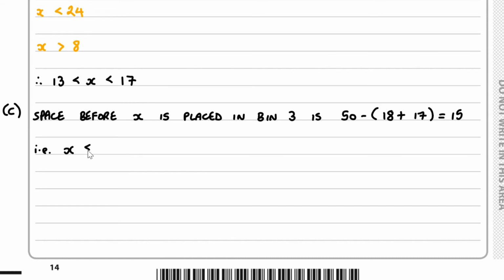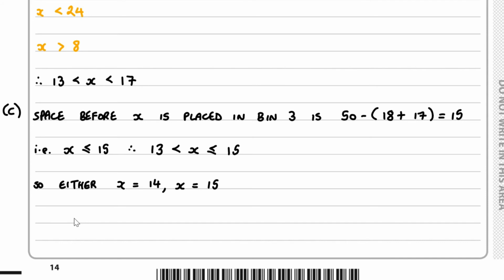Okay? So we can refine our inequality even further to say that x is greater than 13 but less than or equal to 15. So either x is equal to 14 or x is equal to 15.